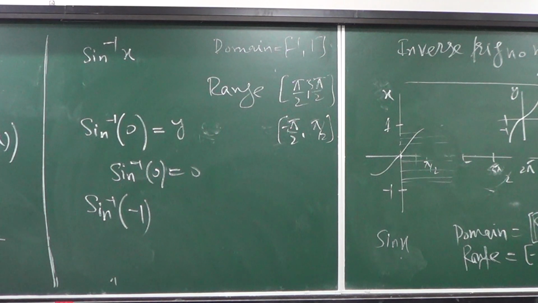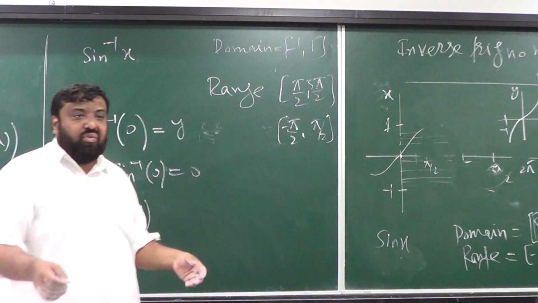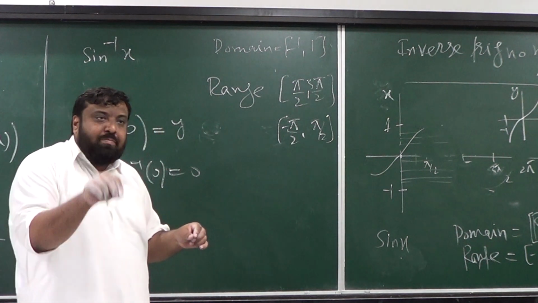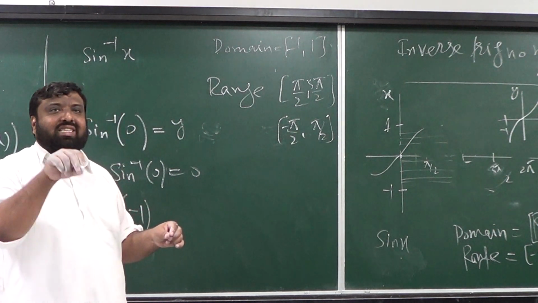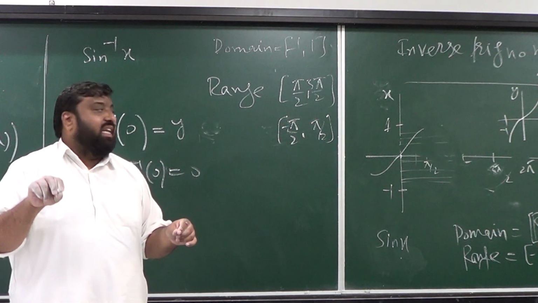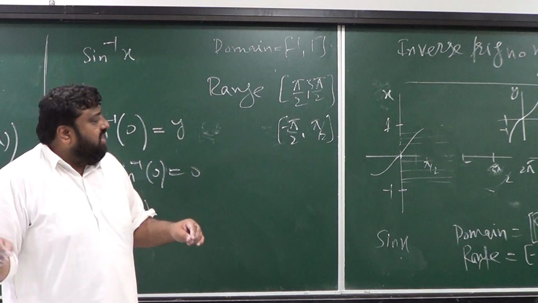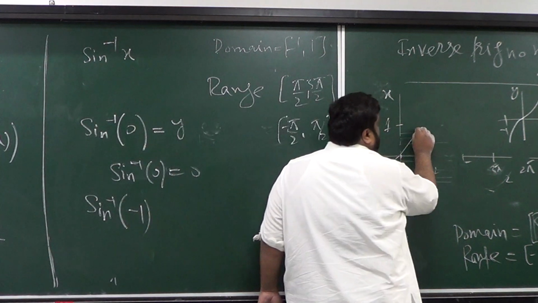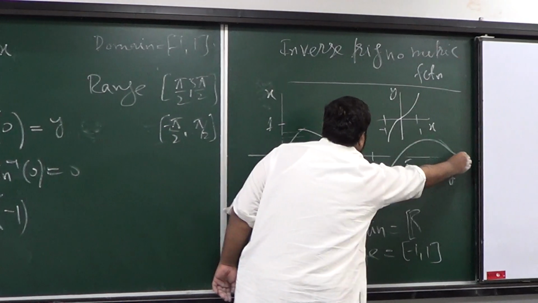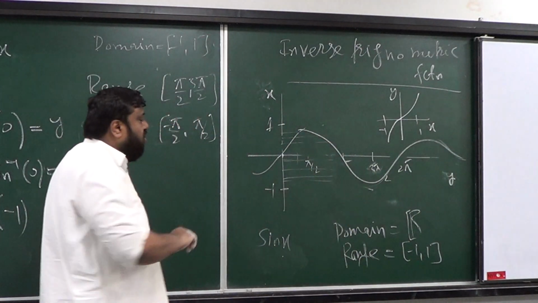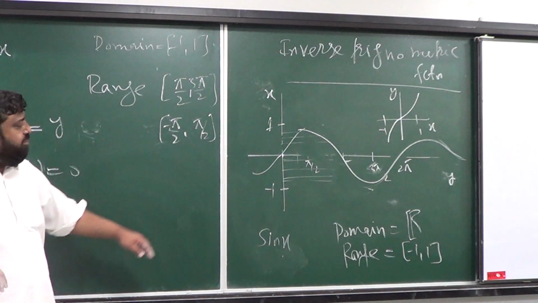So what would be the sine inverse of -1? In other words, what angle of the sine would give you -1? What input should I put inside the sine function so that I can get -1 as output? Now, if this function goes on forever, then you have a different choice.